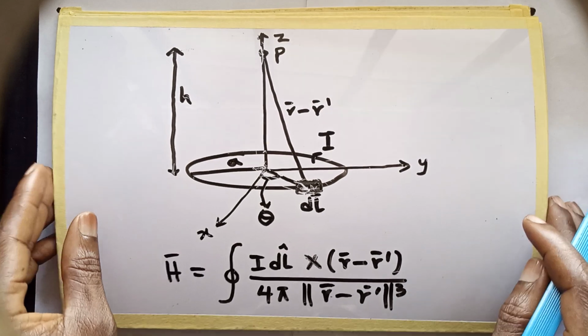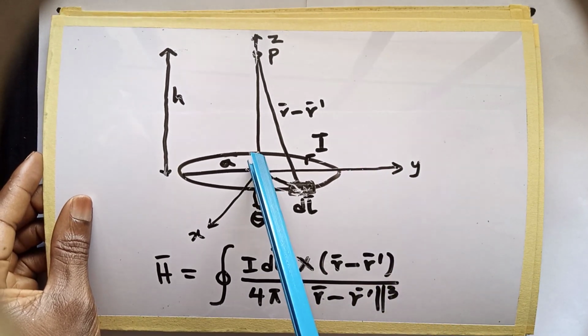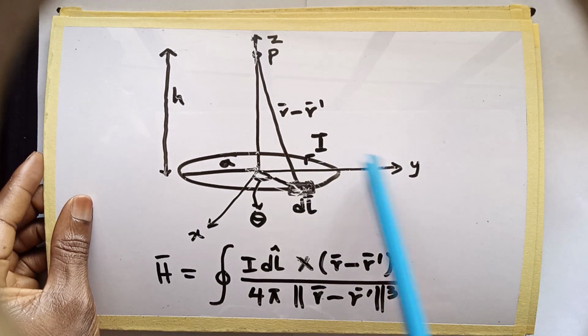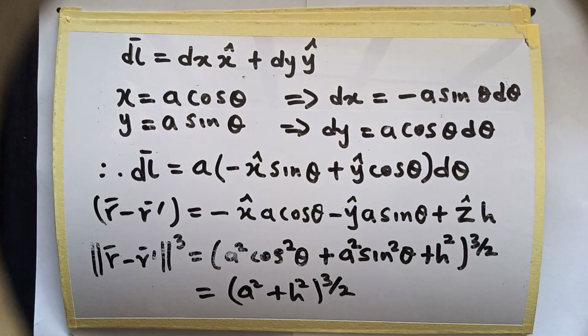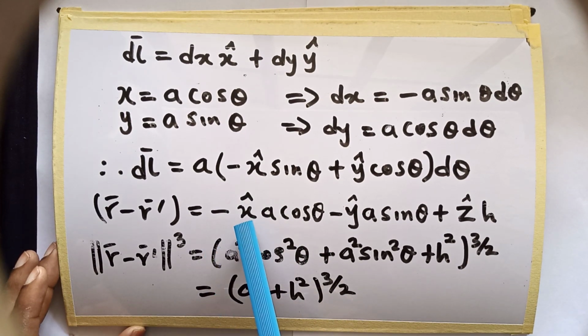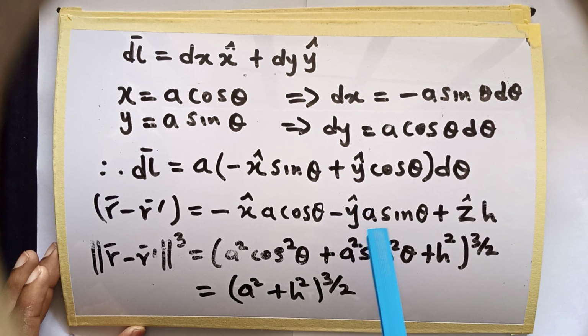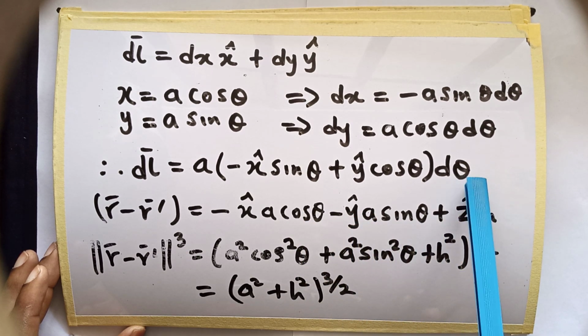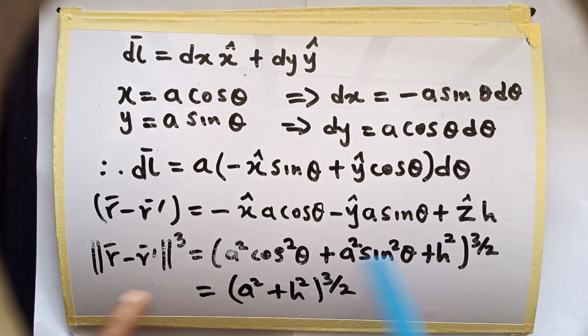That's why it's taking a negative sign. And this particular y, I must reverse it backward. That's why this y is also taking a negative sign. Then it goes up, it becomes positive. So that's why we have the negative x cap a cos theta, negative y cap a sin theta plus the z cap h. Once this one is known, then this one is clear.